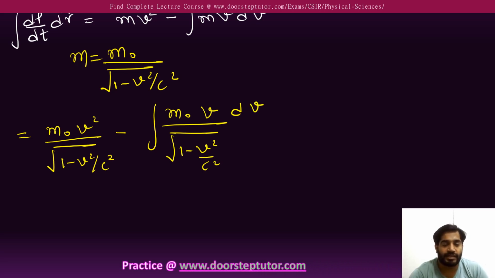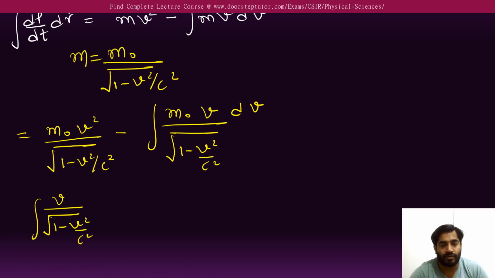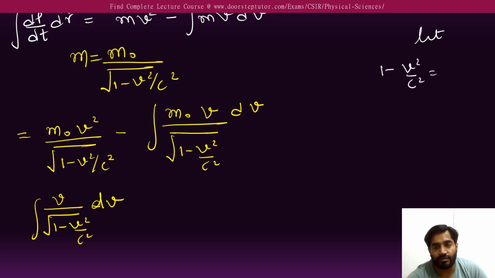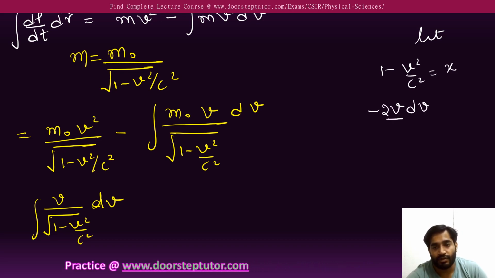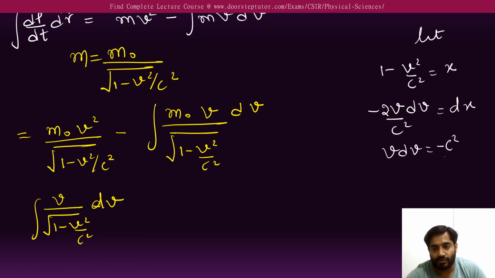We have to integrate the second term, that is v over root of 1 minus v square over c square dv. For this, let 1 minus v square over c square equal x. Then minus 2v dv over c square equals dx, and from here v dv is minus c square by 2 dx.